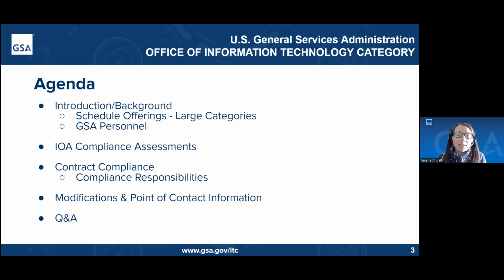Next, we'll go into an IOA compliance assessment and what you can expect if your contract has an assessment. And then we'll delve into your compliance responsibilities as a vendor, and we'll look at some significant terms and conditions that you want to be aware of. After that, we'll discuss modifications, and I'll share information about how to update your contract's point of contact. And finally, we will have time for questions at the end, so we'll have a question and answer session.